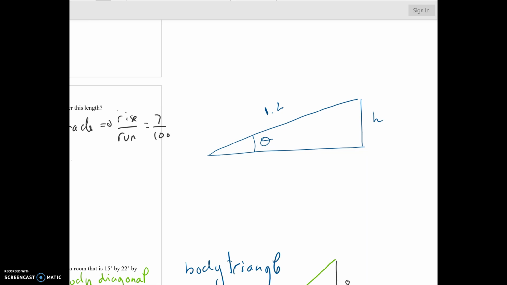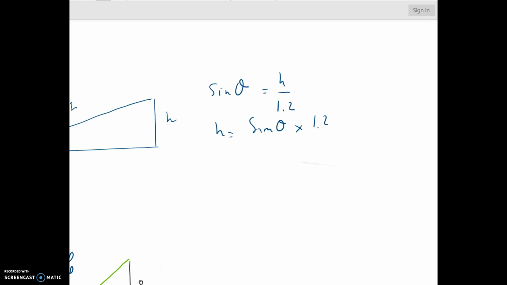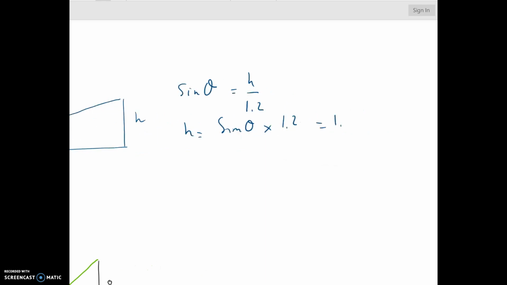So if I'm looking for h, I'm going to say the sine of my angle theta is equal to h over 1.2, therefore h equals sine theta multiplied by 1.2, and very often we write 1.2 multiplied by sine theta to avoid the mistake of having theta multiplied by 1.2 and then taking the sine, which would be the wrong answer.